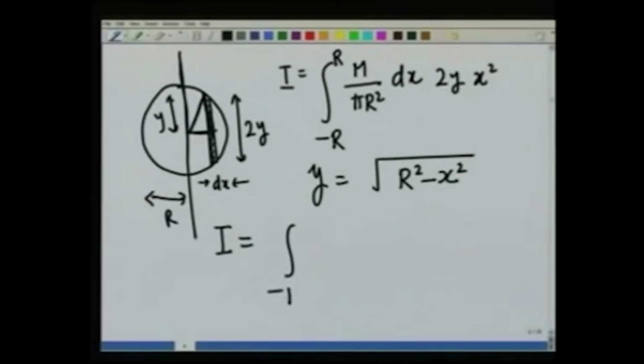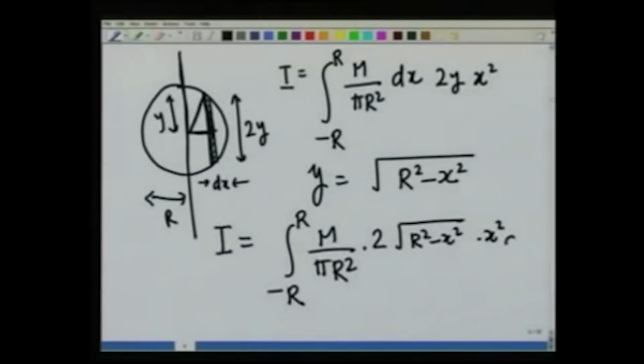integral from minus r to r m over pi r square times 2 y, which is 2 square root of r square minus x square, times x square dx.